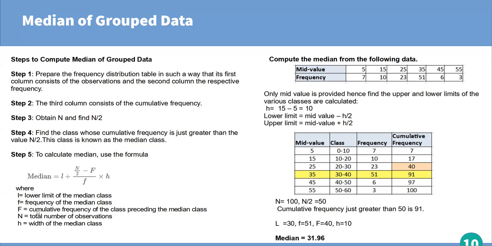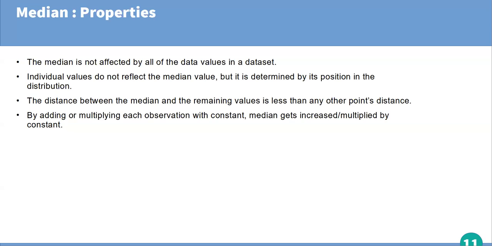And capital F is the cumulative frequency of the class preceding the median class, so F is equal to 40. We know n is 100 here, and h, the width of the median class, is 10. Substituting all these values in the formula, we get the median is equal to 31.96.